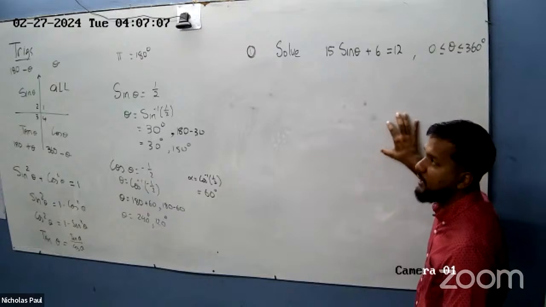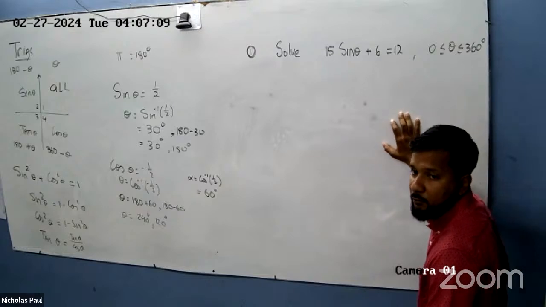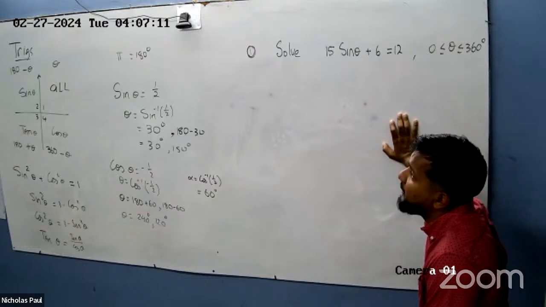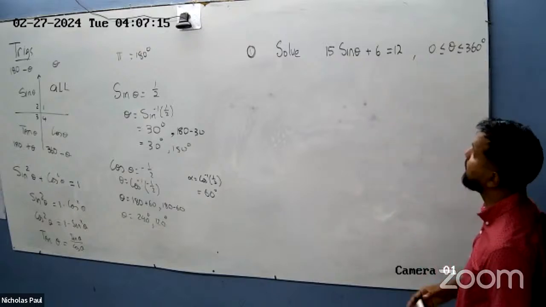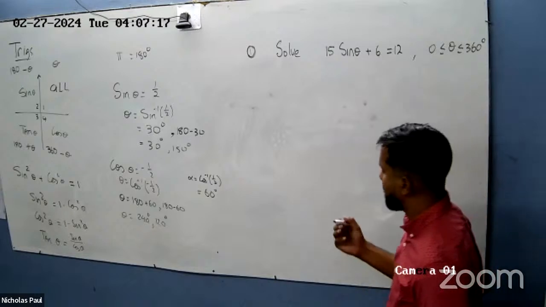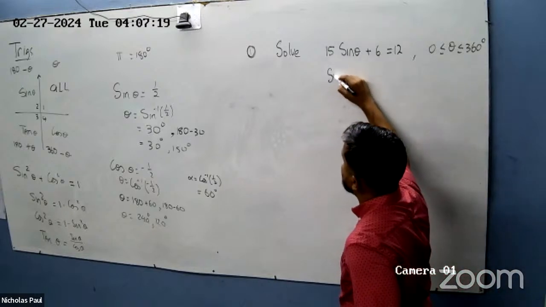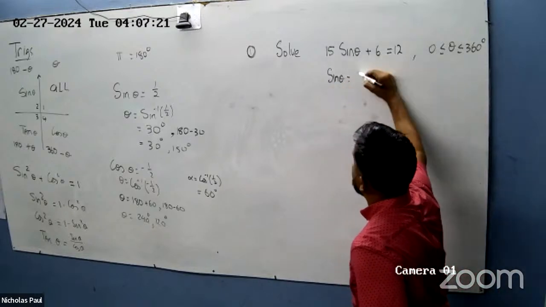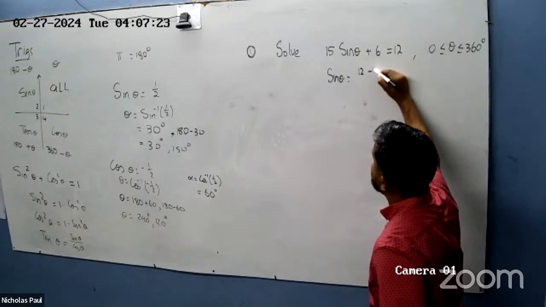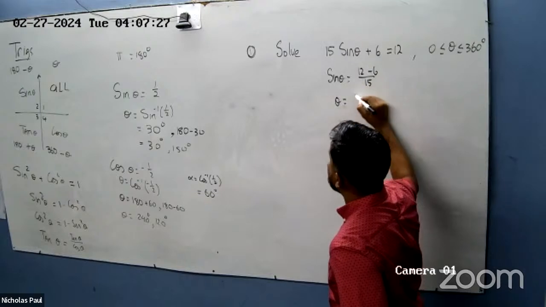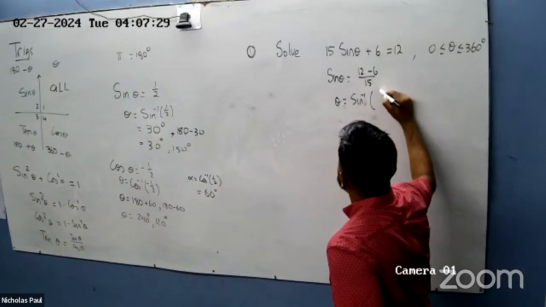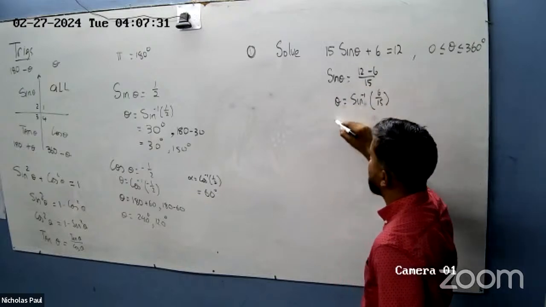Everything should be 3 significant figures. All right. Online message answers. Remember, you're working in degrees, right? So you should have 12 across the 6 and then divide by 15, right? So you should have theta is equal to sine inverse 6 on 15.